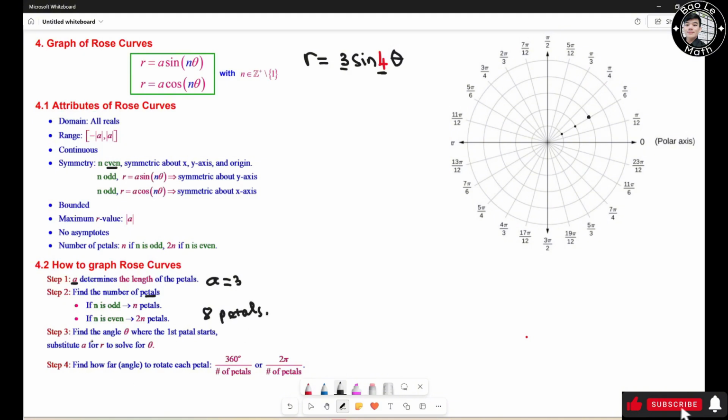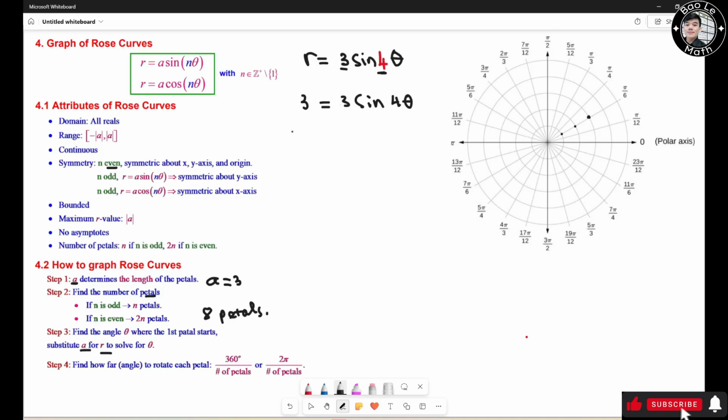Now, step number 3, we need to find the angle theta where the first petal starts. So we just substitute a for r. a equals 3, so we substitute 3 for r, equals 3 sine 4 theta, and you solve for theta.